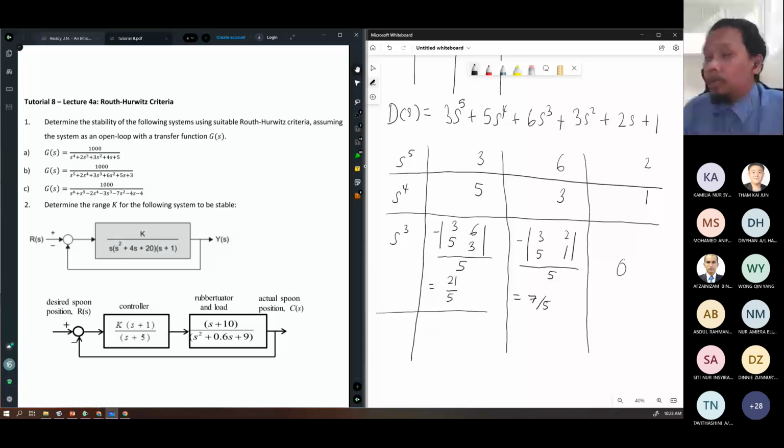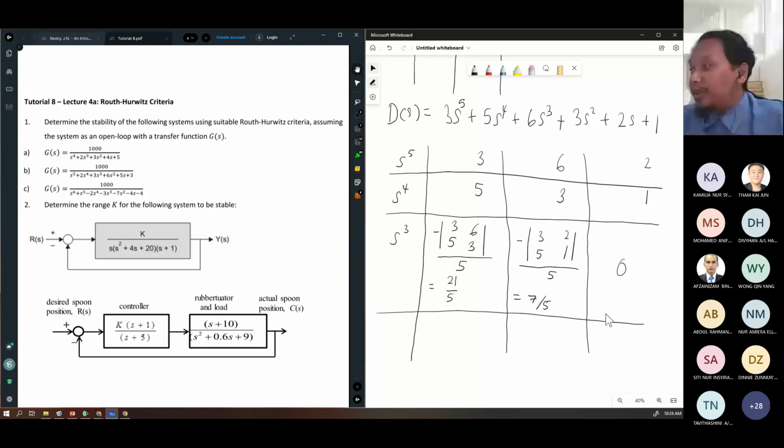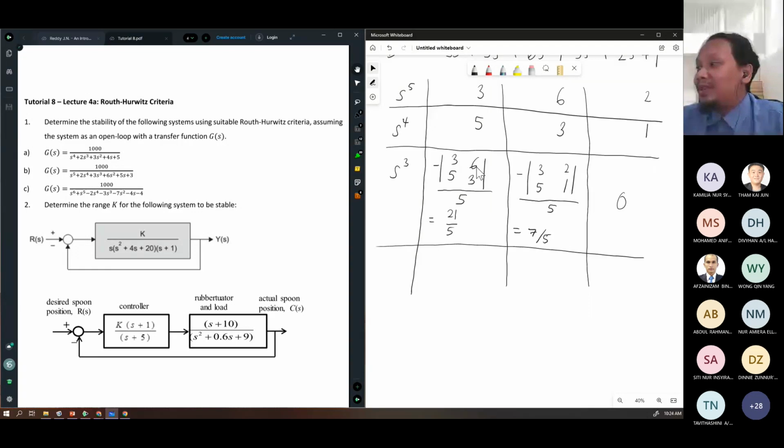Okay, so now we don't have any zero in the first column, so you can continue as usual. I stop here for this calculation because it will involve a lot of decimals. So maybe you can try later and see how can you determine the system stability looking at the first column.